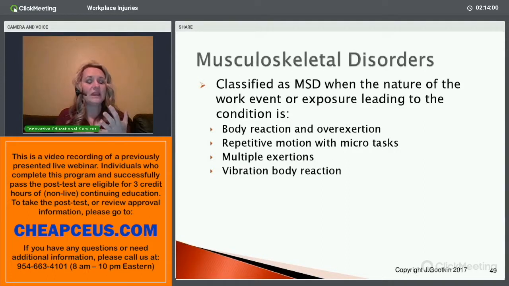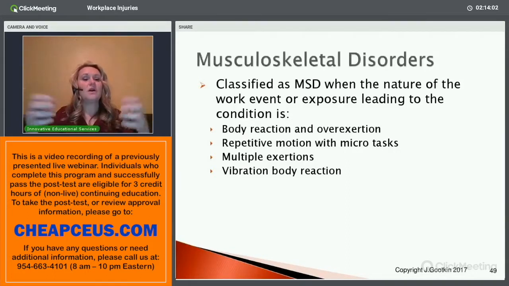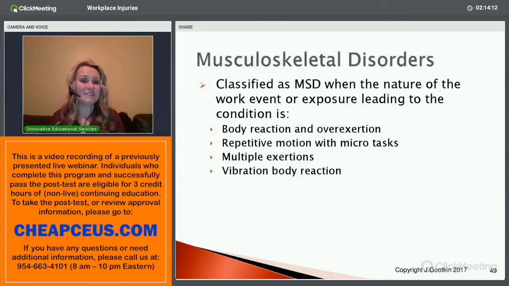Because holding and carrying, those are isometric types of contractions that tend to be more fatiguing. We need to think about lever arms and where body compensation may occur as fatigue sets in. So we're looking at muscle endurance as well as positioning and lever arms.